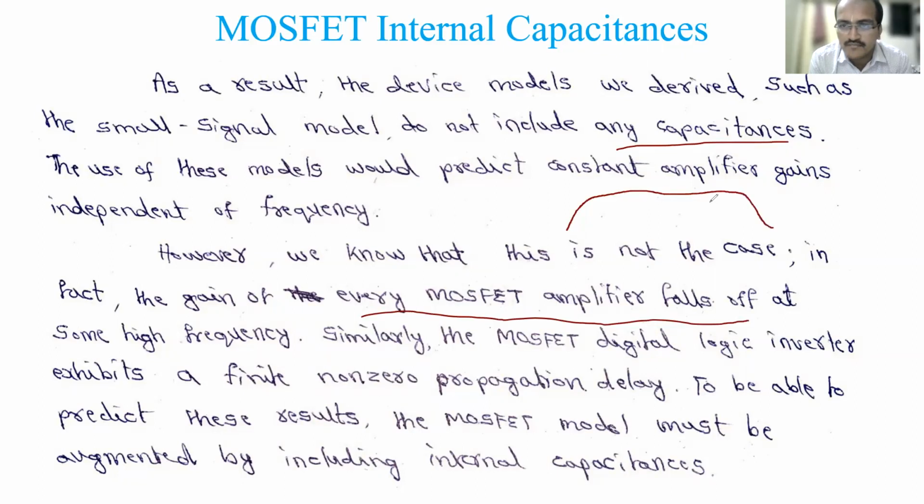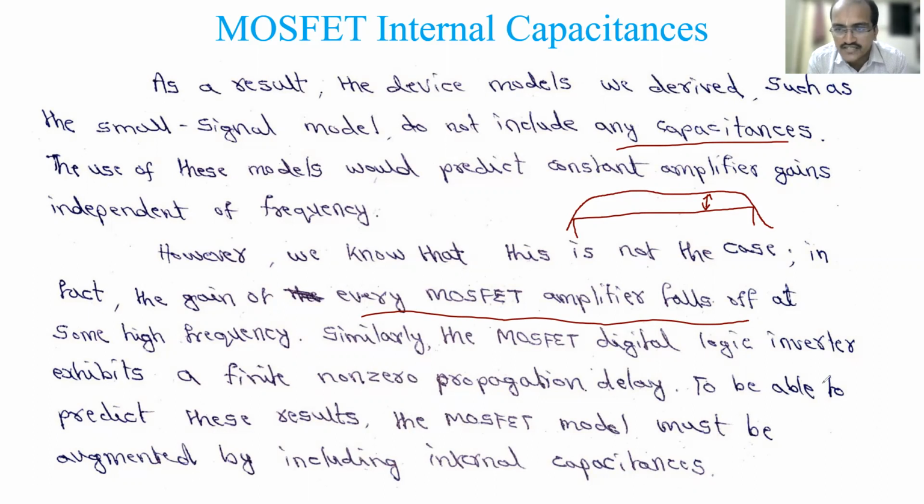Then you take the 3 dB cutoff, find the lower and upper cutoff, and measure the bandwidth of the amplifier. This fall in the MOSFET amplifier gain is due to the internal capacitances. That's what we'll learn.